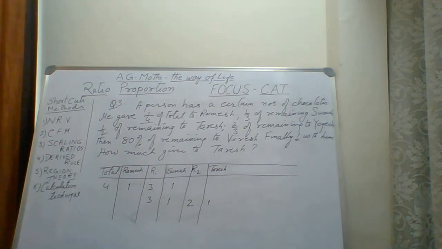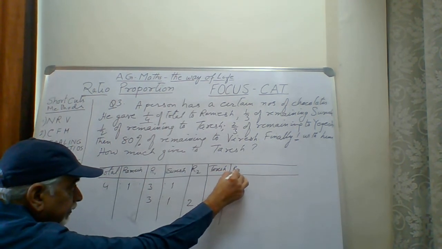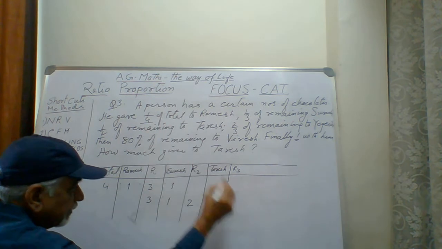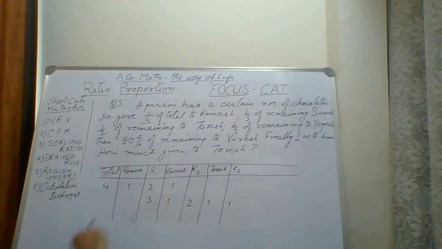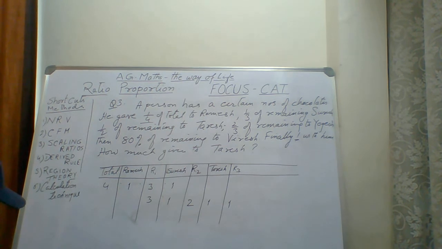So Taresh got 1. What is the balance left with him after this stage? The balance left is 1. From 2, 1 given, 1 is remaining. Now with this remainder, he gave 2/3 of the remaining to Yogesh. How can he make 2/3 from this remainder? He cannot break the chocolate now. He has to give it in whole numbers.